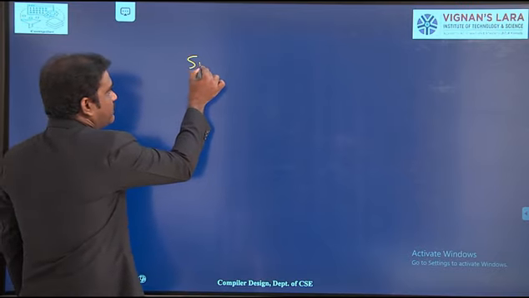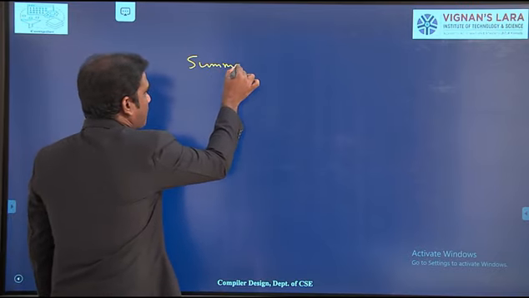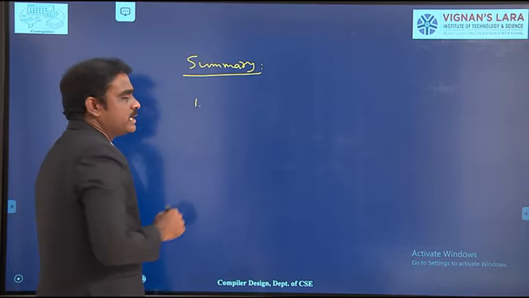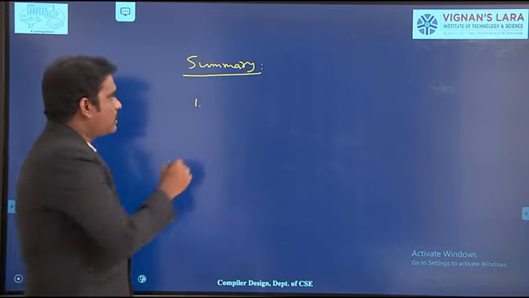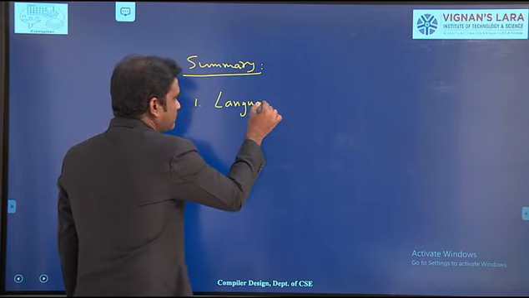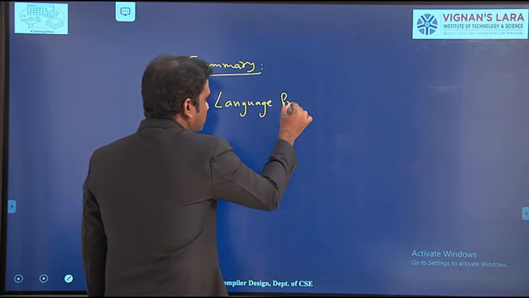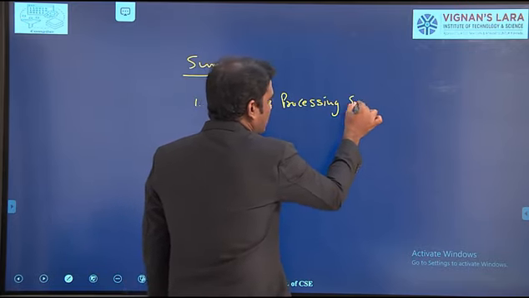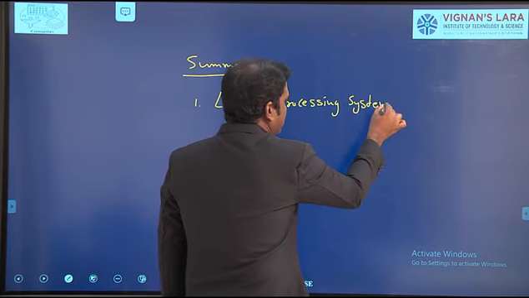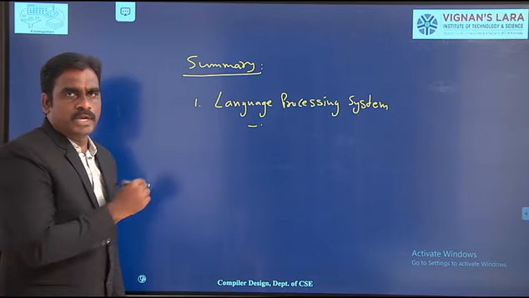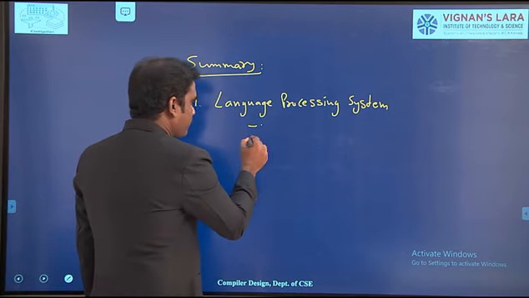Now, the summary of this class. In this class, I have discussed language processing system. In the language processing system, we have a total of 4 modules.